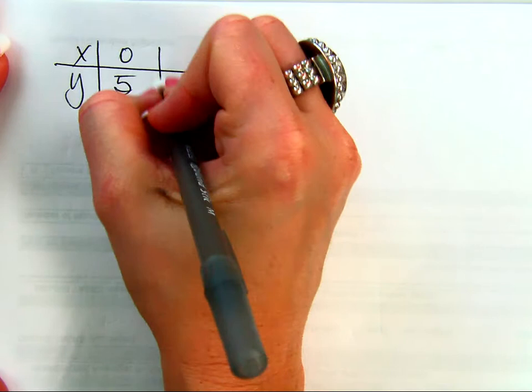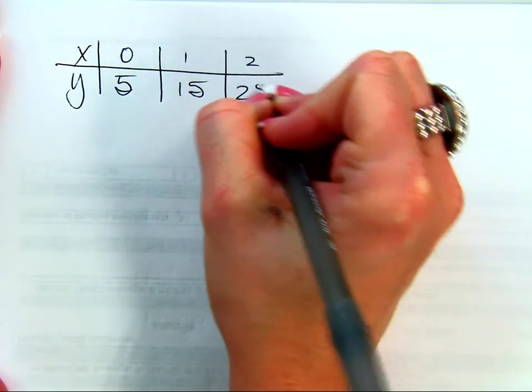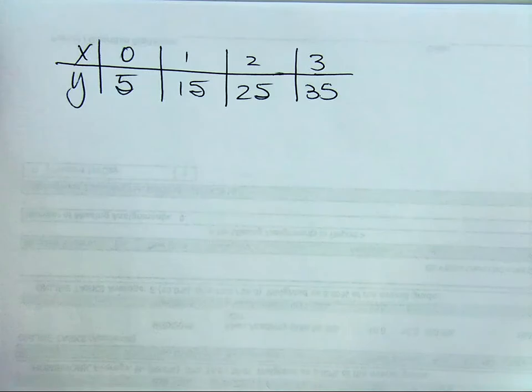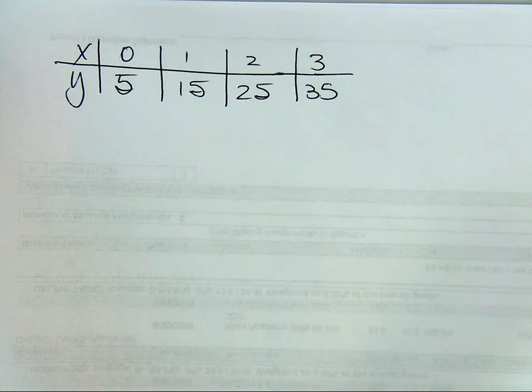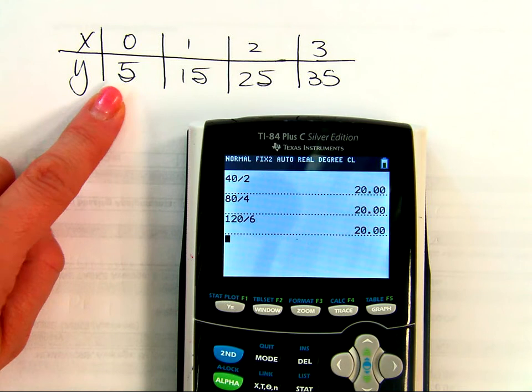So if I have 0, 5, 1, 15, 2, 25, and let's put one more in there. Okay? Now, if you were in 7th grade, in my 7th grade class, they've never seen anything other than 0, 0. So you know what they would probably do first? They would grab their calculator, and you can't divide 5 by 0.